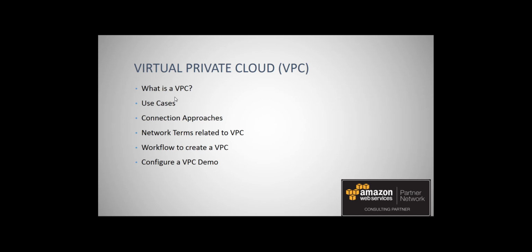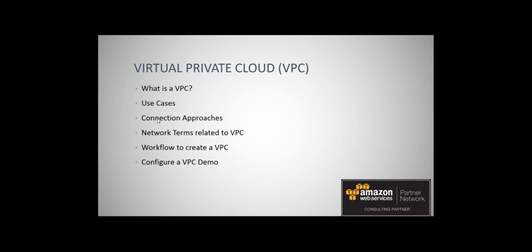So let's go ahead and talk about some use cases as well as connection approaches. Now, when we talk about connection approaches, basically how are you going to connect your corporate network to the AWS cloud? And there's several different ways to do it.